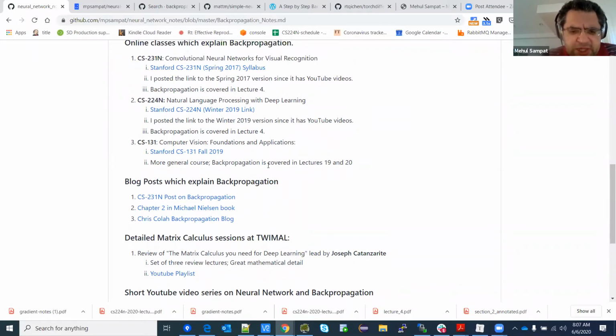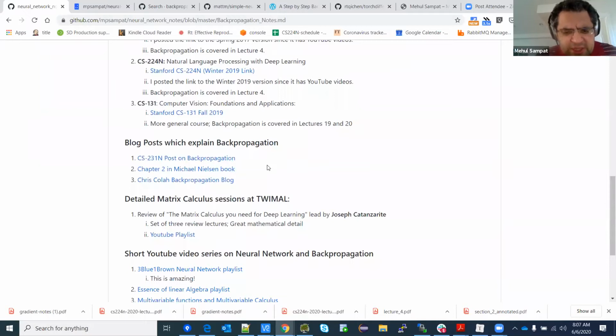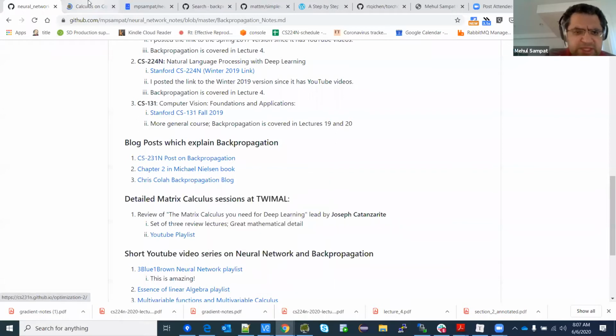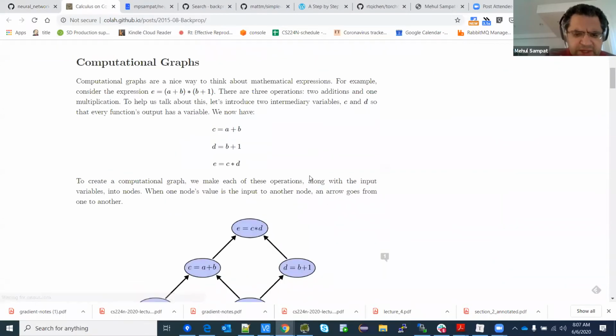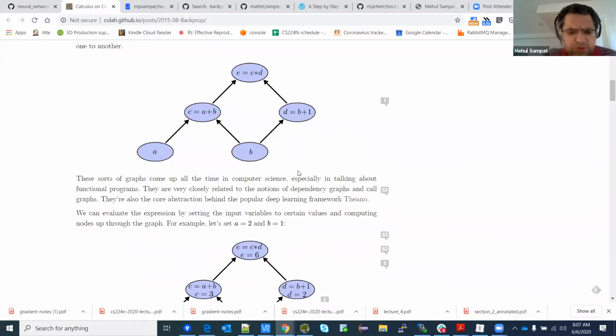Okay, so that was the structured notes for backpropagation. Because it's such an important topic, there are so many explanations for it, right? There are some really good blog posts, two in particular. One is by Chris Olah, who makes these incredible blog posts on distill, really great posts that explain difficult concepts.